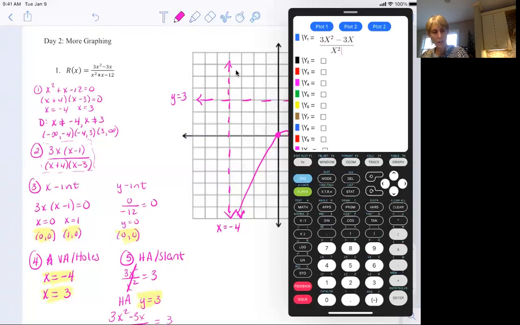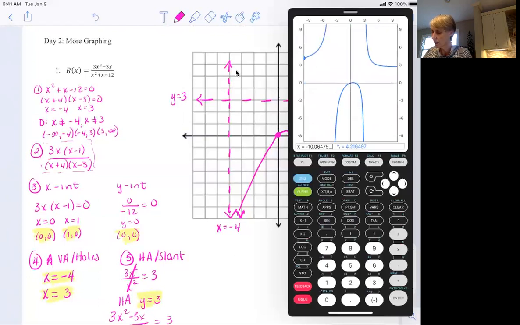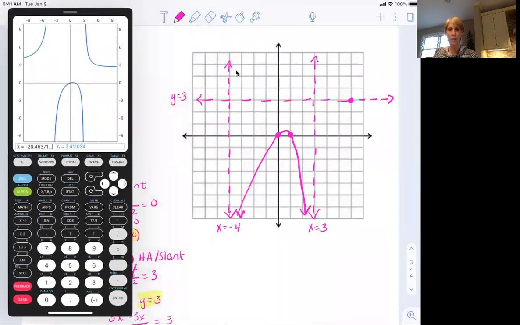X squared plus x minus 12. And if we graph that, you basically see we have the horizontal asymptote, right? Okay, this was your middle piece here, right there.